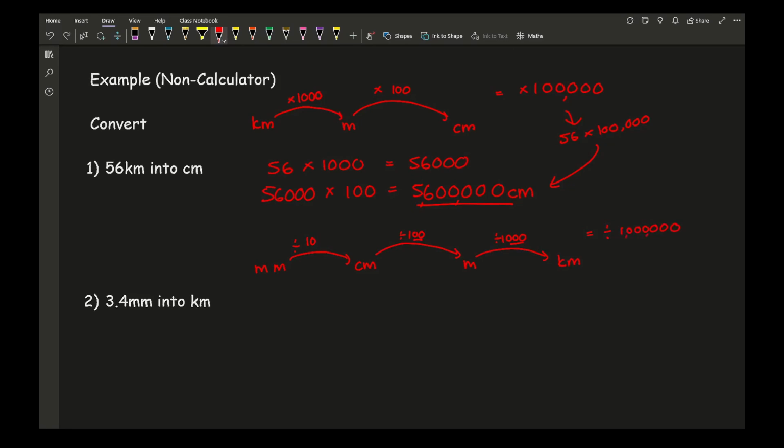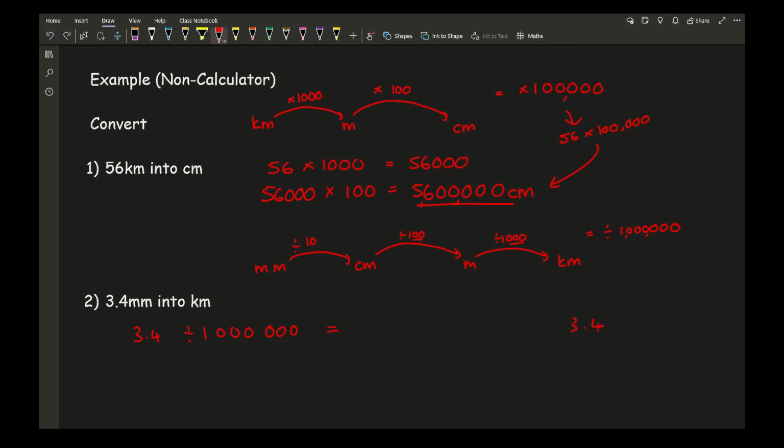So what I then need to do is 3.4 divided by 1,000,000, and work that out. Now, when you're dividing by powers of 10, you're moving the decimal point by the number of zeros. Here, when I'm dividing, I'm moving it to the left, so I'm going to end up with a very small number.